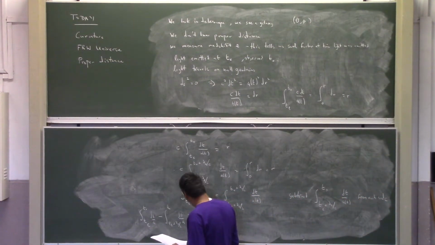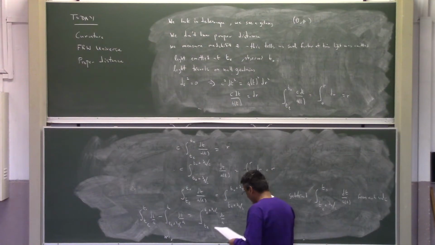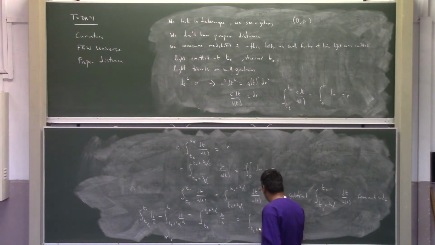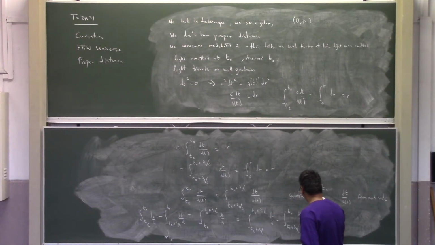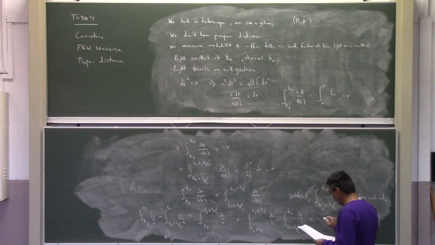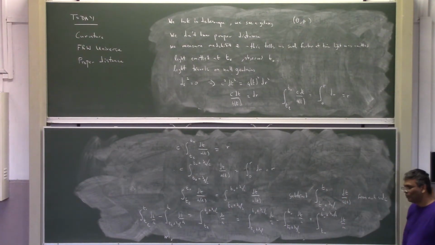So that's the left-hand side. The right-hand side, we do the same thing, and we have the integral from t_E plus lambda E over c to t0 plus lambda 0 over c of dt over a, minus the integral from t_E plus lambda E over c to t0 of dt over a. And this is going to be the integral from t0 to t0 plus lambda 0 over c of dt over a. Okay.